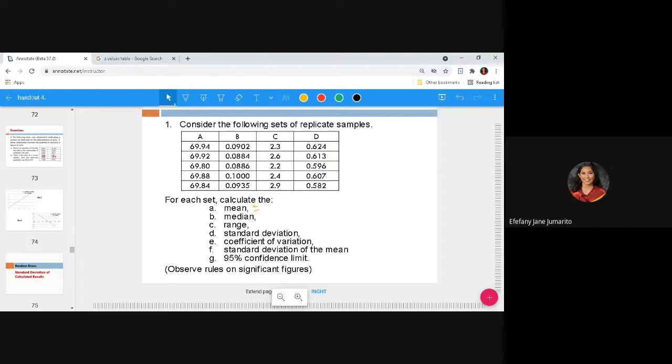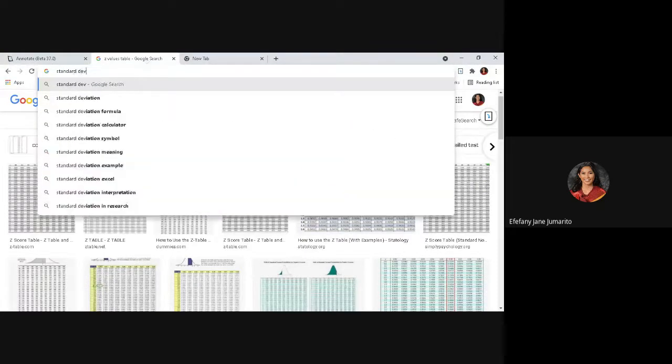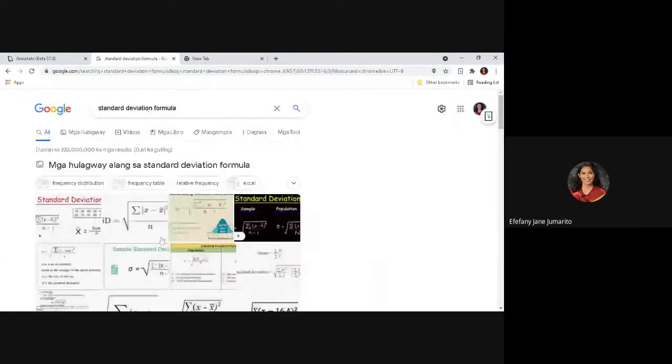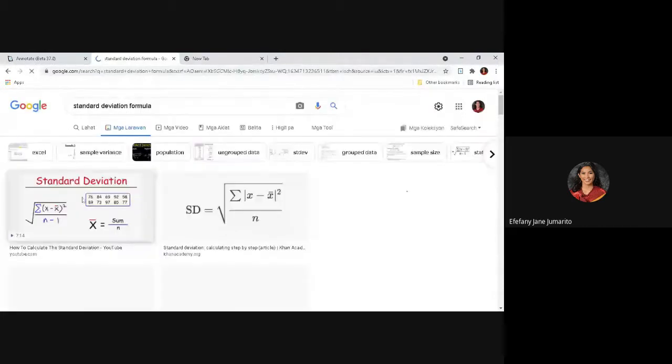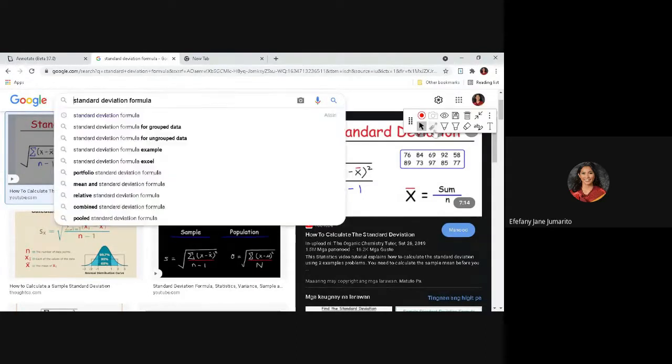Standard deviation formula. Okay, I'll give you the formula. That one is the formula of standard deviation.